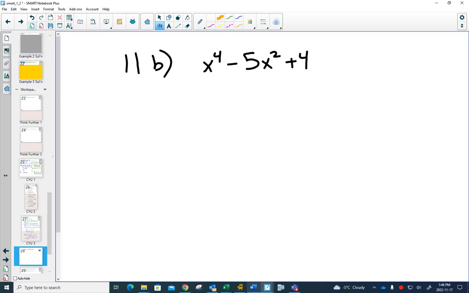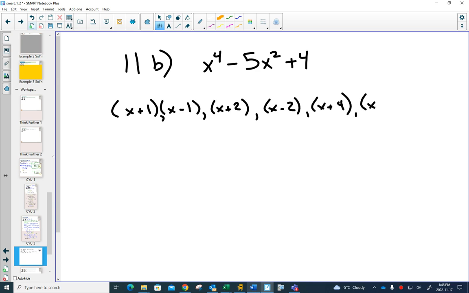First of all, can you see that with the 4 at the end, those are your possible factors?